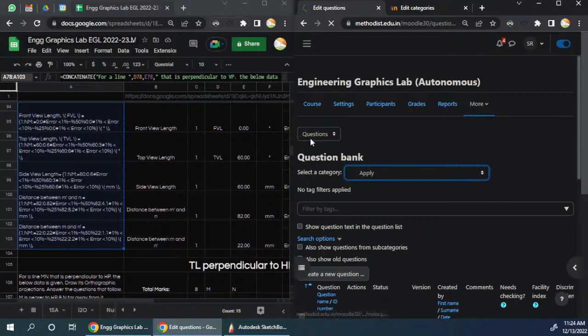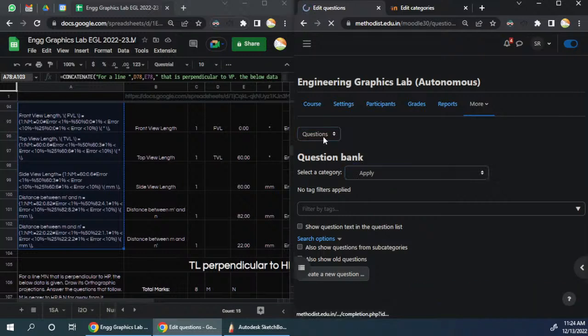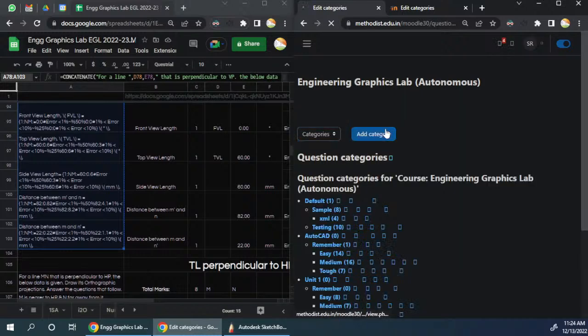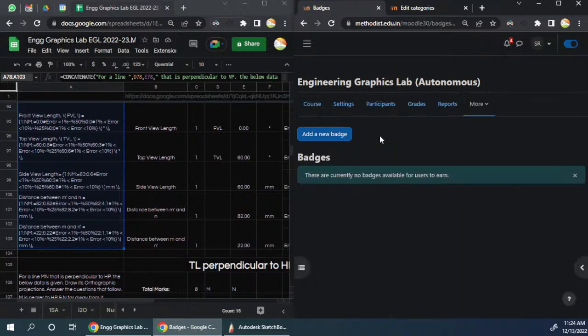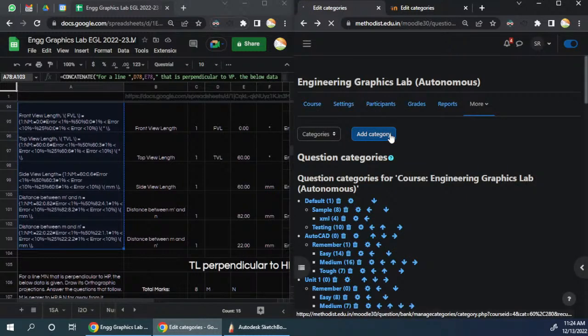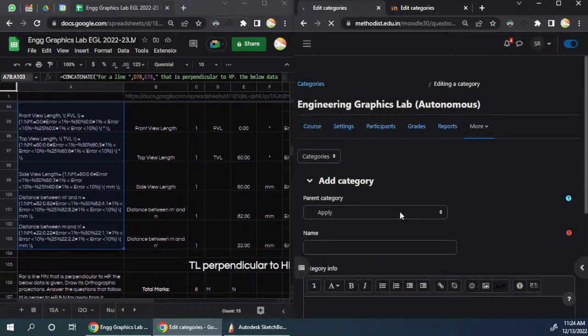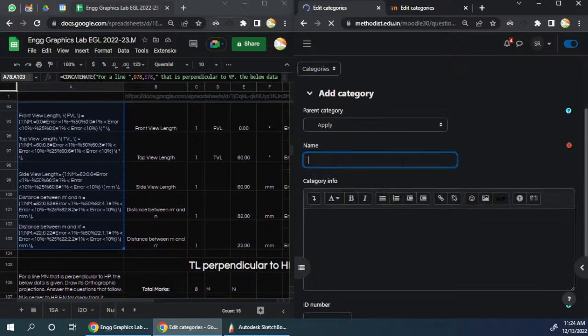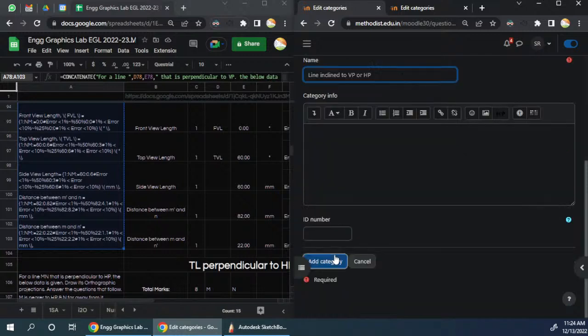What a category is. And the category. The category. Unit 2 plan this line. HP.